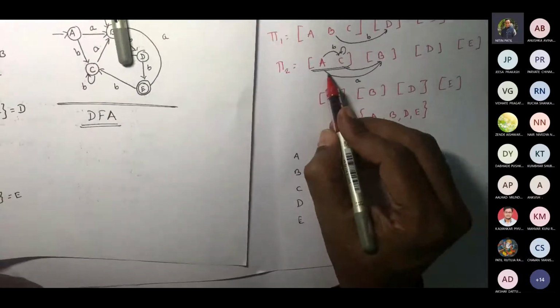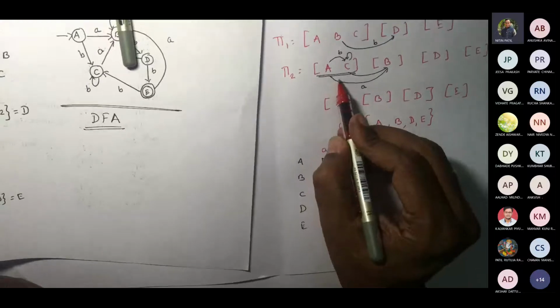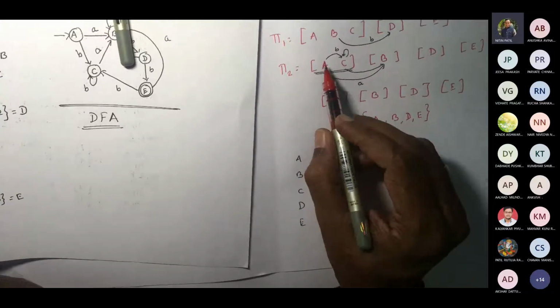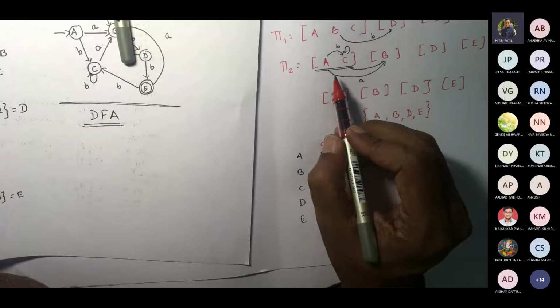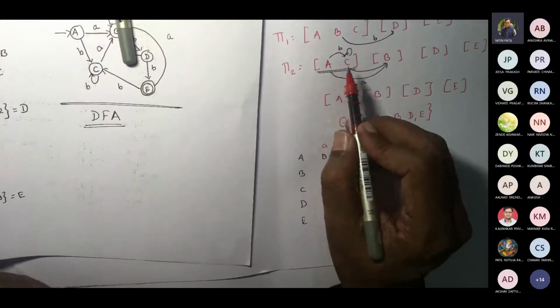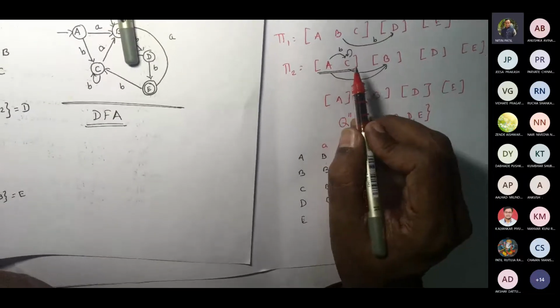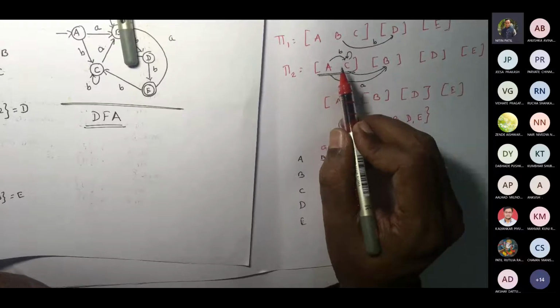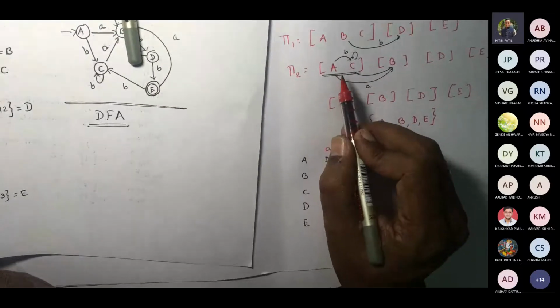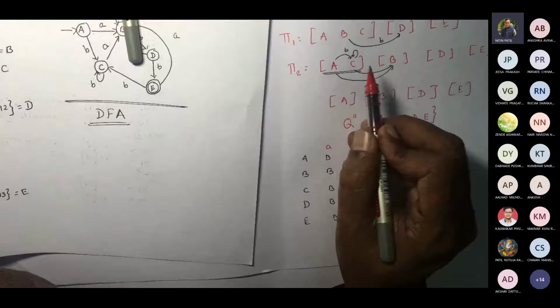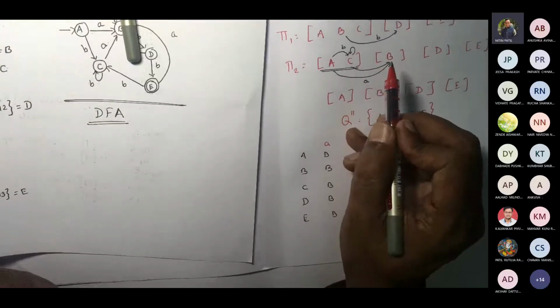Now what did we say? We have a group where for some inputs it is remaining in the same group, or for every input it is remaining in the same group. So for B it is in the same group. For A it is going to a different group, but for both it is the same group. Am I right?